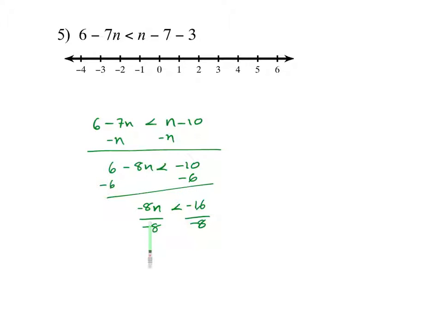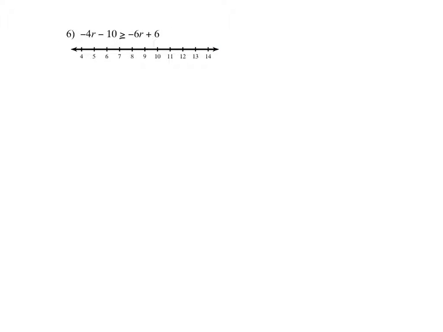As you can see, I'm dividing by -8 on both sides of the exercise. That means that I'm going to flip my inequality sign. So this is n is greater than 2. So this is an open circle here, and it is going to the right.